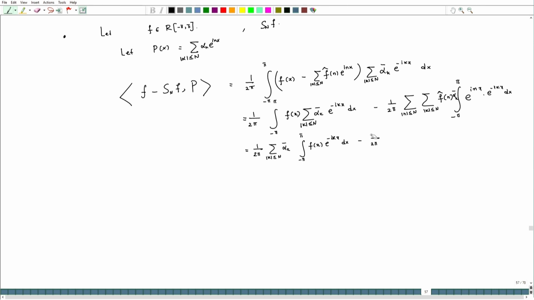What we get is the summation over mod k less or equal to n of alpha k bar f hat of k, because n equal to k survives. Now 1 by 2 pi times the integral of f of x e to the power minus i k x is nothing but f hat of k. So this is the sum of alpha k bar f hat of k, minus the same sum, which is zero.